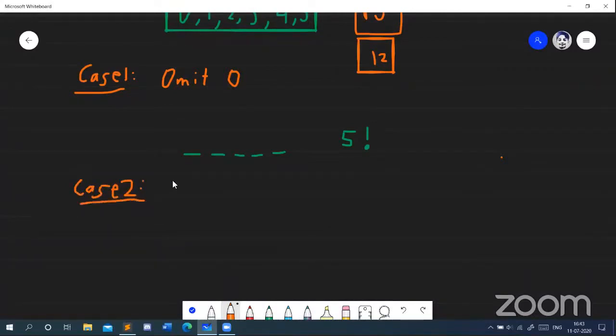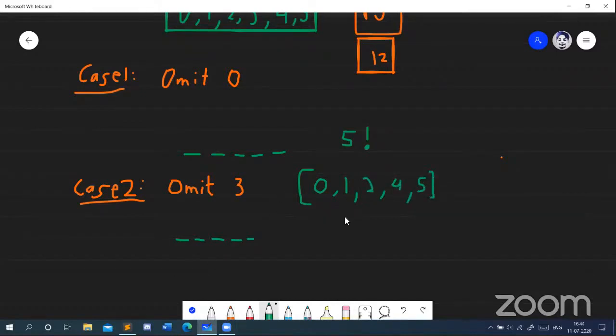So in case 2, I'm going to omit 3 as I said before, right? And I again have 5 spaces. And this time the numbers I'm considering are 0, 1, 2, and I'm going to omit 3, then 4, and 5.